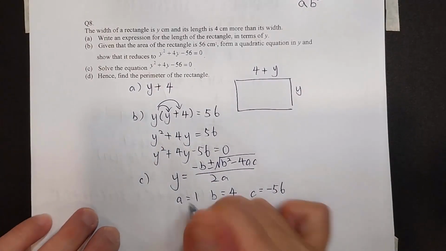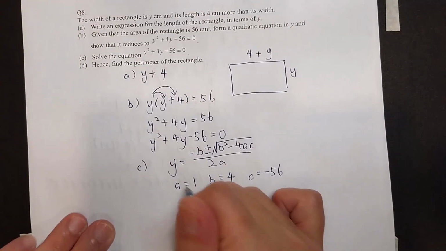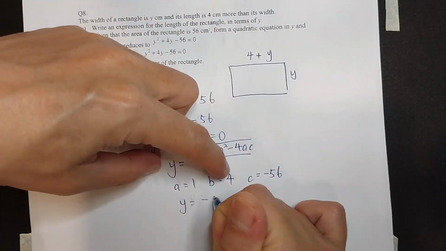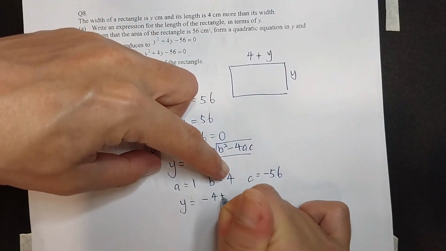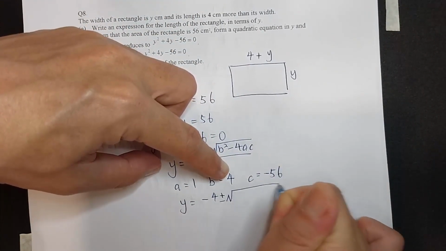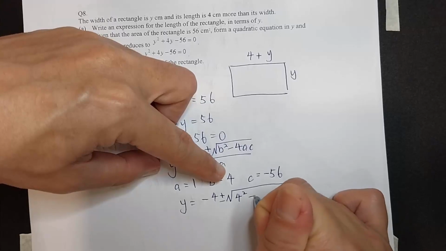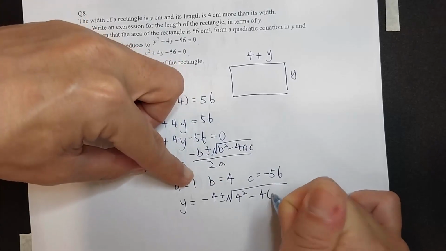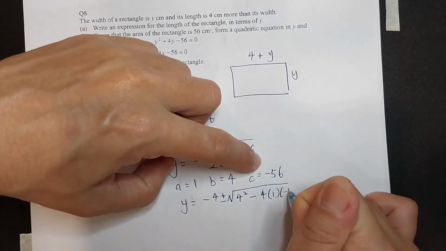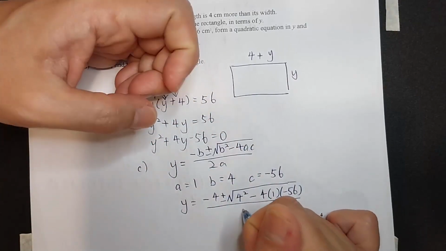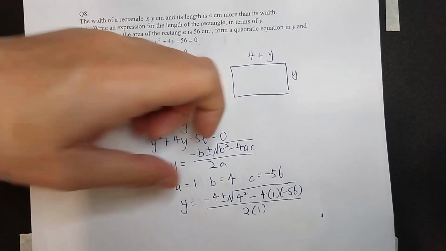It is the constant. So substituting in, we have y equals to negative b plus minus square root of b squared minus 4ac, and the whole thing over 2a.